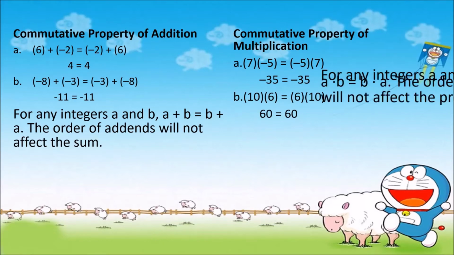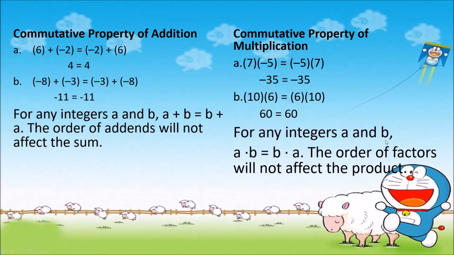So it means for any integers a and b, a times b is equal to b times a. The order of factors will not affect the product. So that is commutative property of multiplication. So I hope po maliwanag po ang tinatawag na commutative property of addition at commutative property of multiplication.